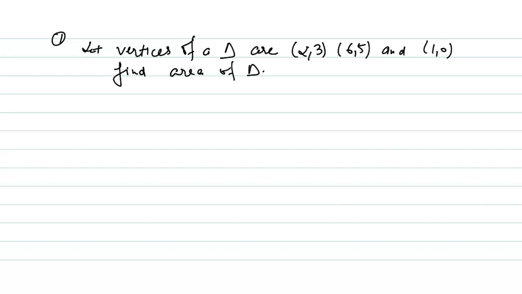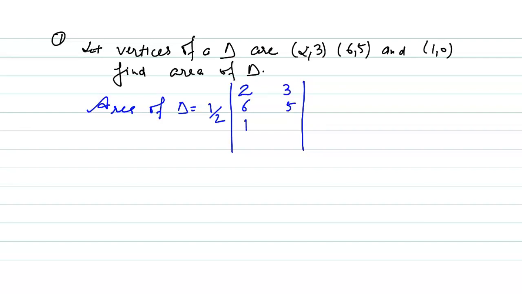So we are going to use the formula: area of triangle is given by 1 by 2 outside, vertical columns. It is our choice, we can use any vertex first: 2, 3, 6, 5, 1, 0. Then repeat the first vertex.